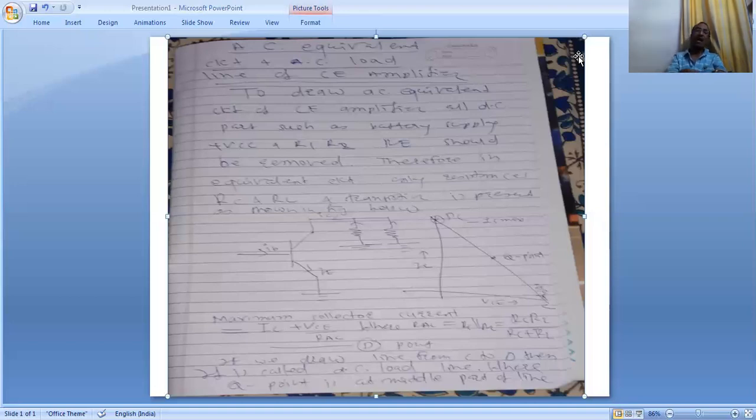The quiescent point is at the middle part of the AC load line, and the stability of the transistor amplifier is at and near the quiescent point or Q point. Therefore, it is called the Q point or quality point in short, because there the quality of the output is very fine and pure.